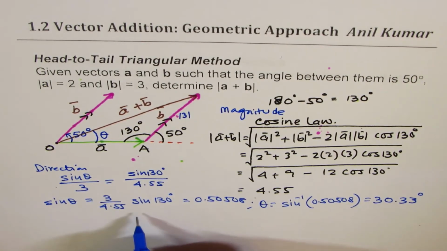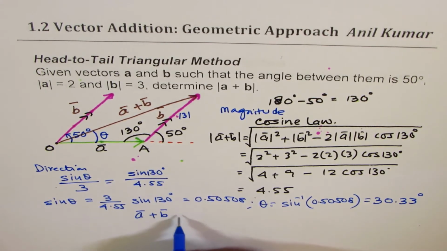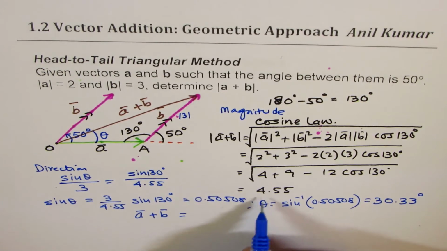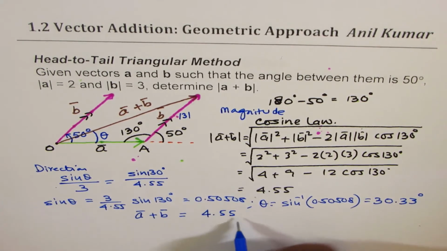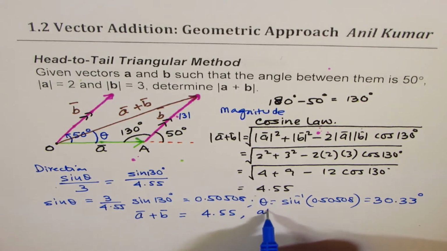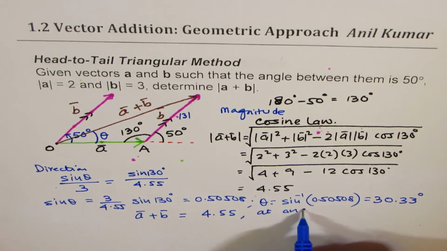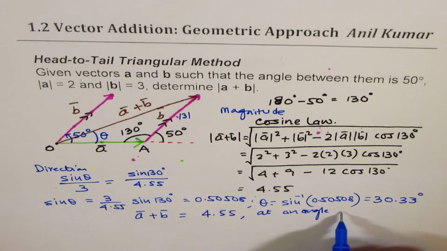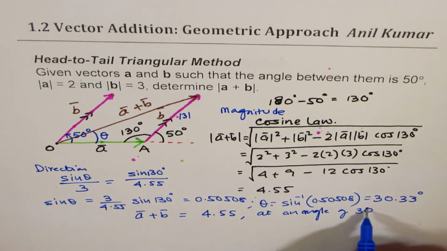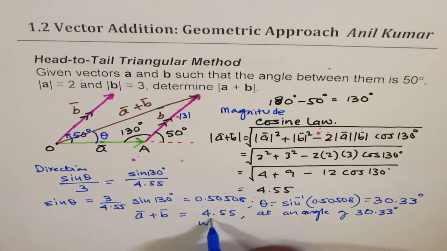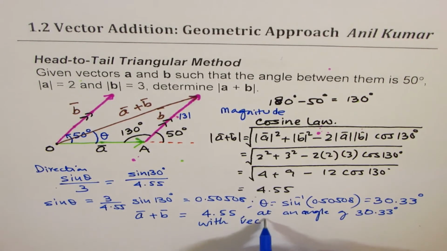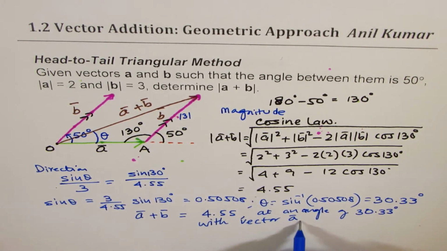So we can say that vector A plus vector B is equal to 4.55 at an angle of 30.33 degrees with vector A. Do you see that?